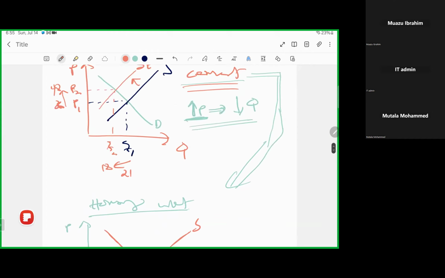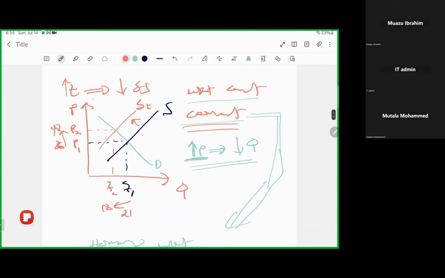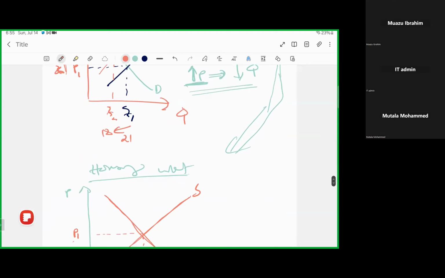Now we realize that the imposition of the tax increased the price of cement. By increasing the price of cement, a key input in the production of housing would be affected. So an increase in the price of cement, which is a complementary good, will affect the supply of housing because people will no longer be building.